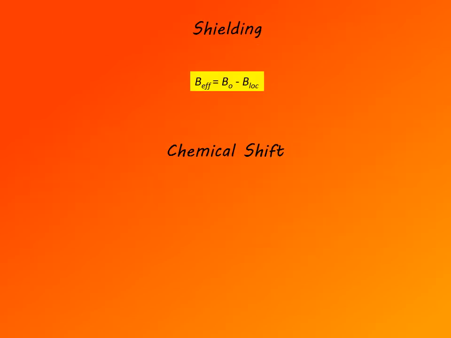We have just seen that nuclei of a particular isotope, of a particular element, are at resonance at a certain frequency depending on the strength of the applied external magnetic field. Based on that, we would expect all of those nuclei to be at resonance at the same frequency. But actually, the situation is slightly more complex, because nuclei of the same isotope, of the same element, may have slightly different chemical environments.